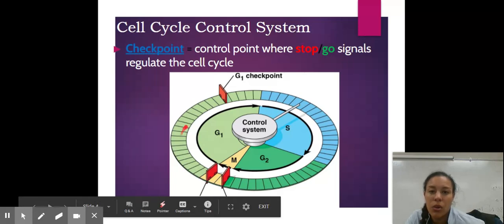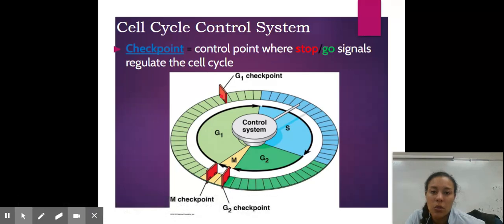So as we go through, before we reach the end of G1, there is a G1 checkpoint, which is going to check growth and make sure that the cell is doing its normal thing and allowing nutrients in and waste out properly. It's going to check and make sure there's no genetic damage, that sort of thing.